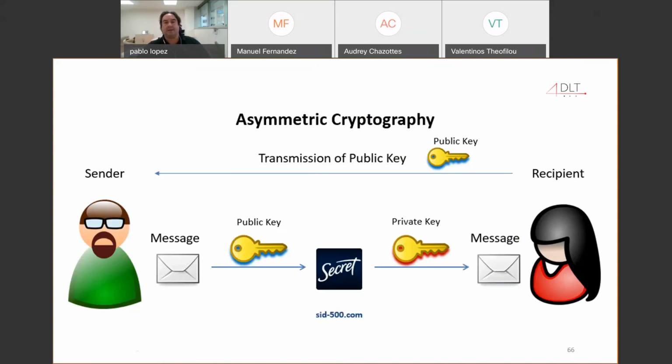So it's asymmetric cryptography because we are using two keys. One is made public so that someone can send you something, and remember, it is encrypted. The other one is only owned by the recipient of the message.